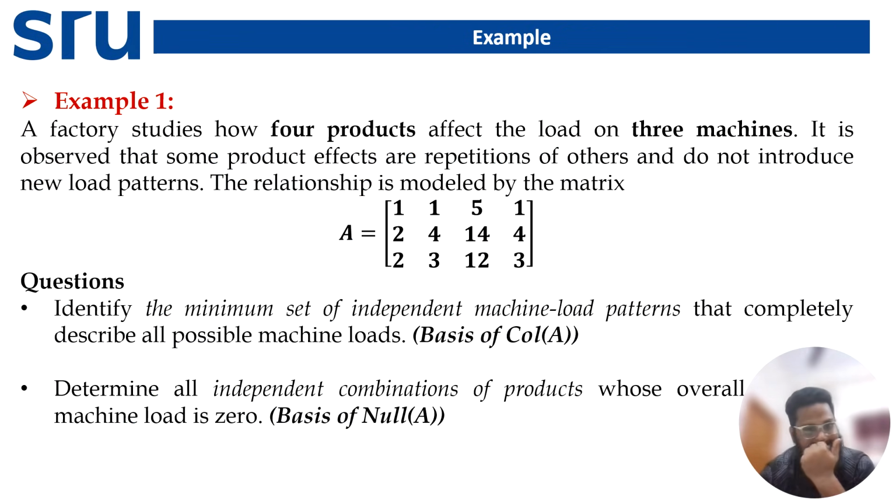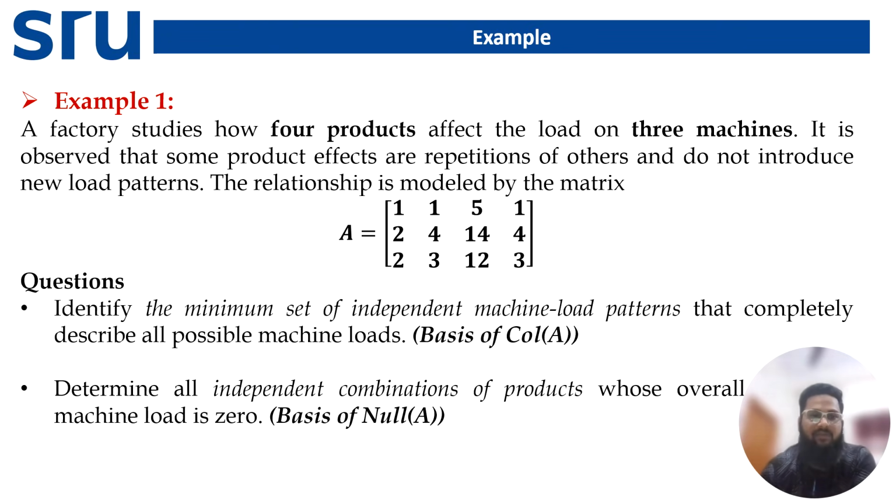We have taken this real-life situation problem. Suppose a factory is studying 4 products and how they affect the load of 3 machines. They have observed some product effects and repetition of others that do not introduce any new load. The relationship they have measured is given by this matrix, representing the relationship between the products and the machines.